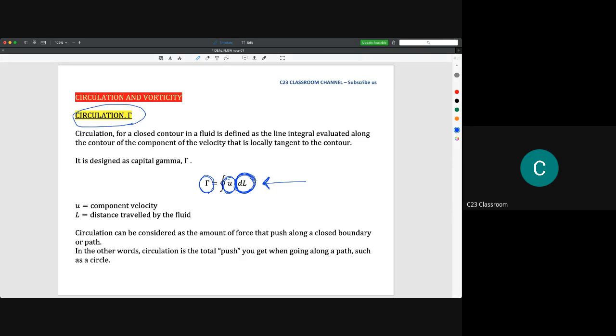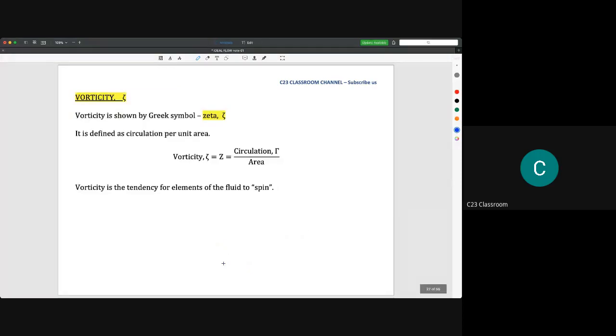However, we cannot determine whether that gamma is actually the push, means the total force feel by that molecule is actually how much. We cannot determine that. So that's why we introduce you another term which is called the vorticity. So the vorticity is written as zeta here. So you could write like this one.